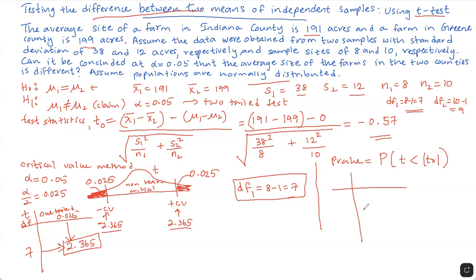Under 7 degrees of freedom, 0.57 is between 0.00 and 0.711.